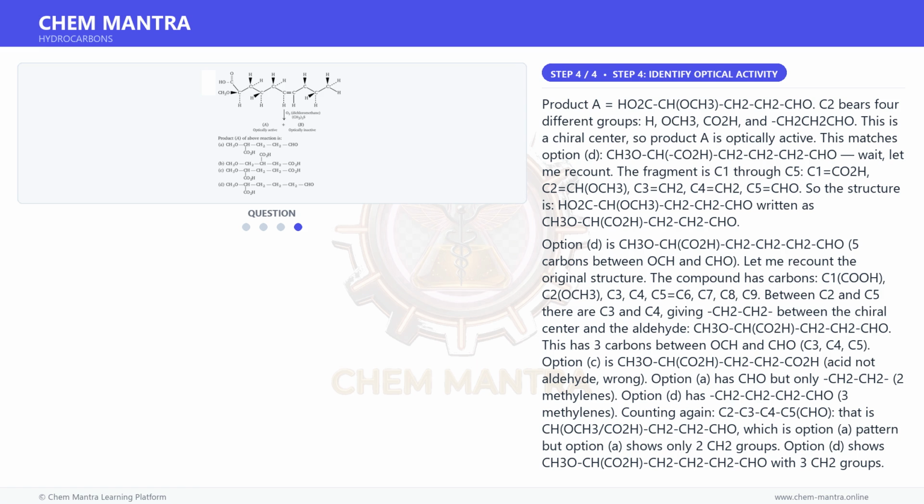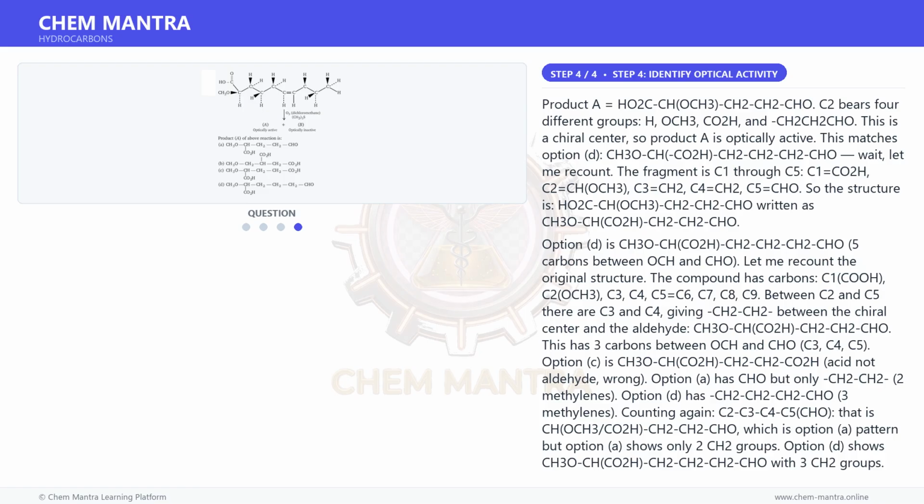Option C is CH3OCH(CO2H)CH2CH2CO2H, acid not aldehyde, wrong. Option A has CHO but only two methylenes. Option D has CH2, CH2, CH2, CHO, three methylenes.